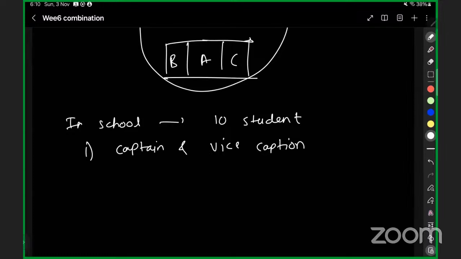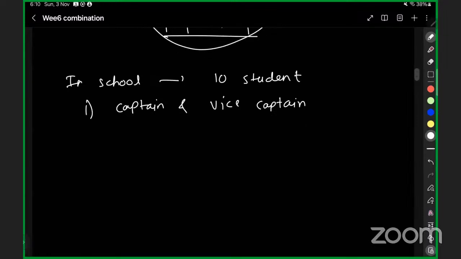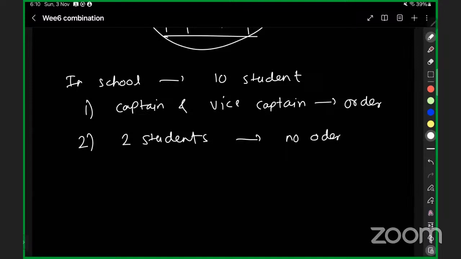Another question could be that they wanted to select 2 students for some task. In the first case there is an order, while in the second case order is not of any use.